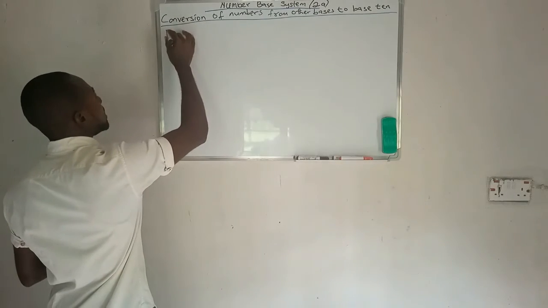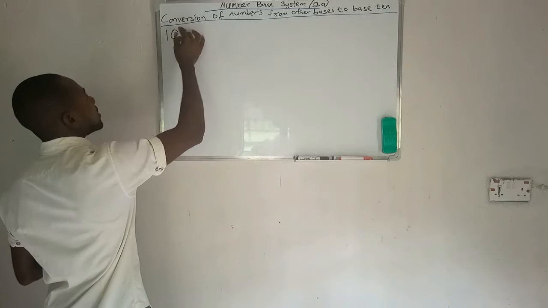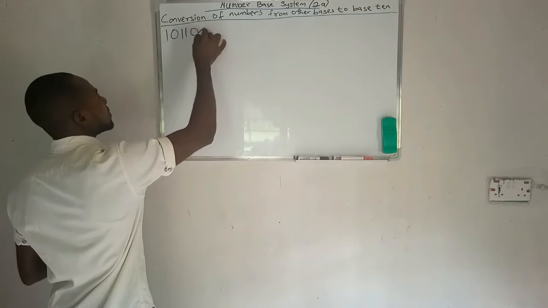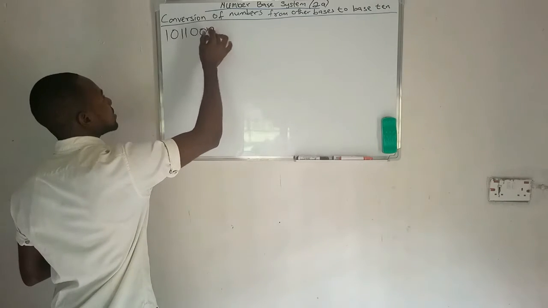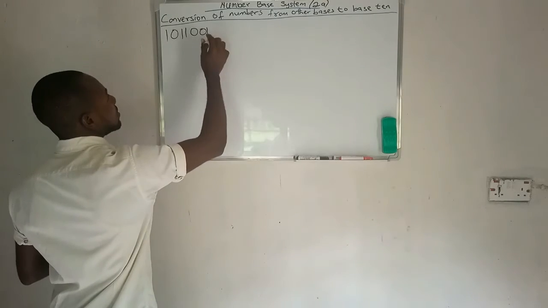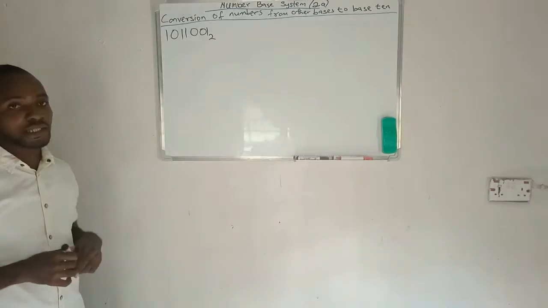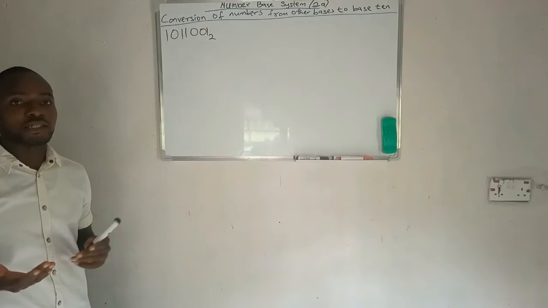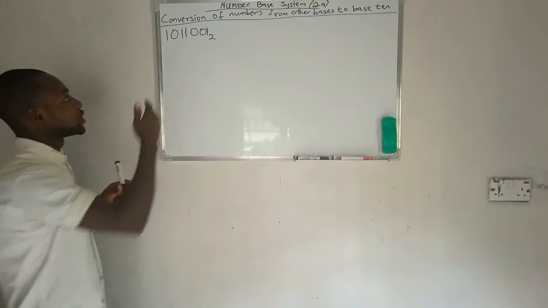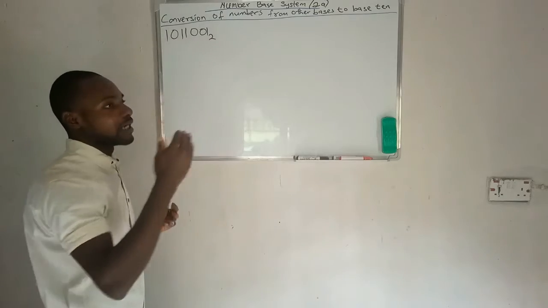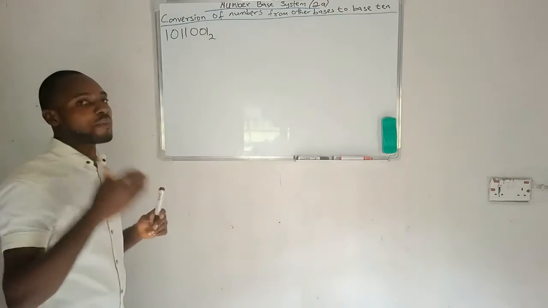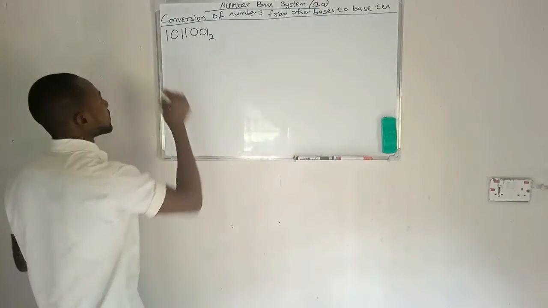Let's have a number in base 2, and let's convert it to base 10. So the first thing that I said we should do is to multiply each of the numbers with the base, then add them together, attach our powers and simplify. So let's go right there.